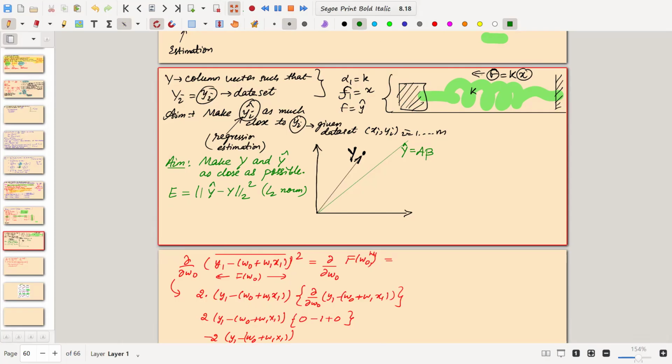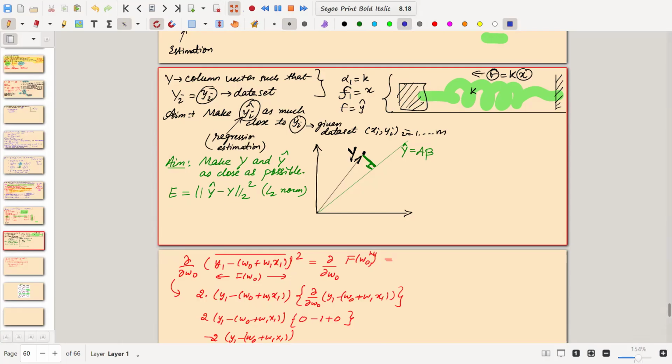Now you tell me when y cap can be closest to y. The closest distance is when it is perpendicular. This distance is the smallest distance. Any other distance you take will be greater than that.